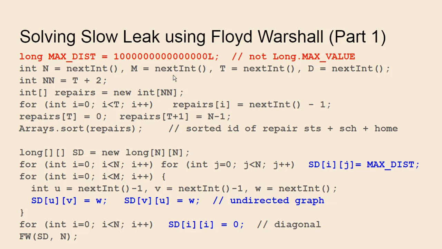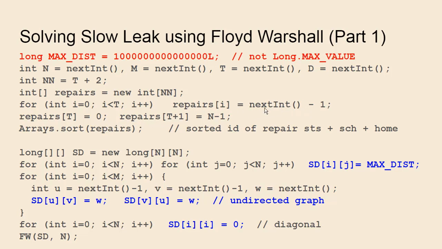I will map the original node IDs: I take the repair stations' node IDs and put them in this array, repair, and then I will use the index into this to represent this new graph. So we read in the repair stations in the line here, and because the encoding in the input starts from 1, and here I use starting from 0, I need to subtract 1.